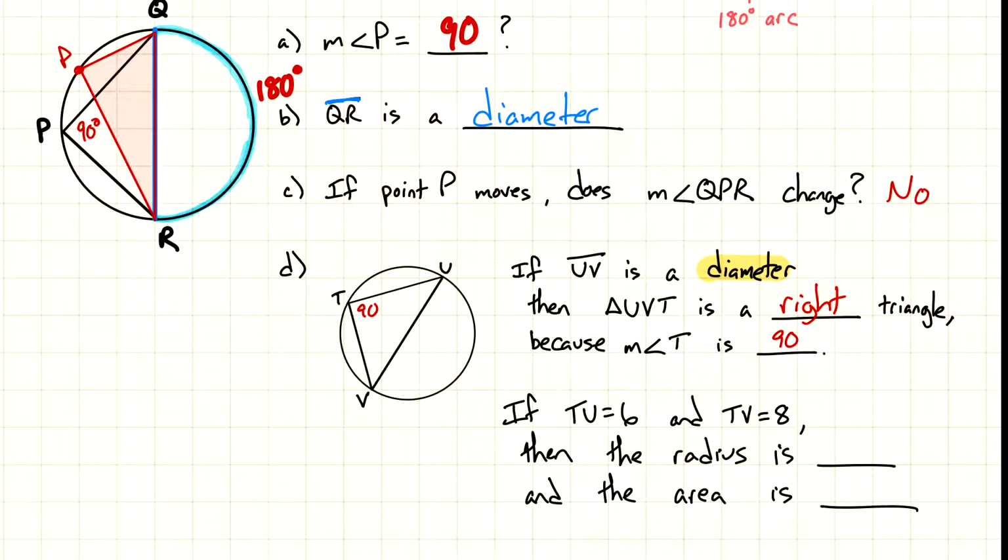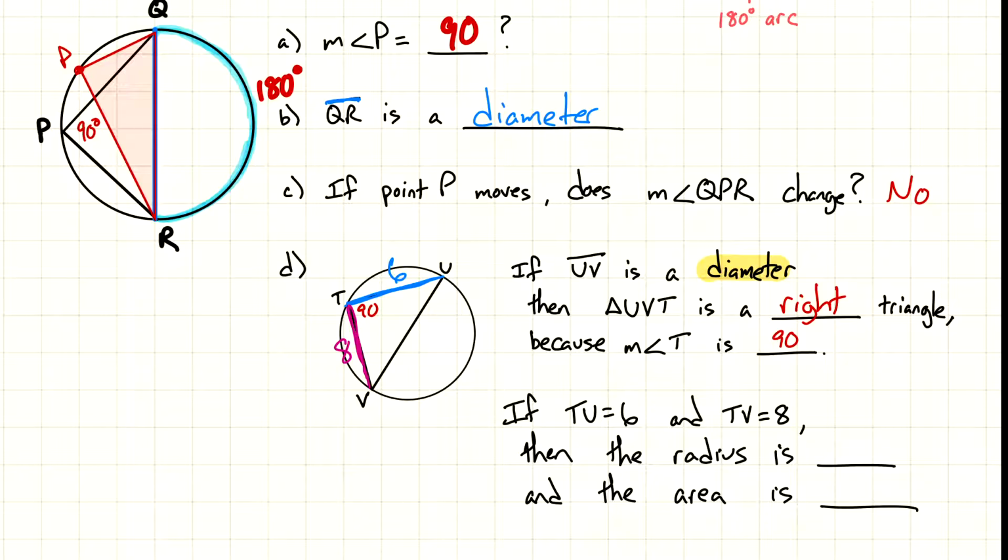Okay, so if TU in this picture has a measurement of 6, so from T to U, let's say this is 6 units, and let's say from T to V, let's use a different color here, T to V is going to be 8 units.